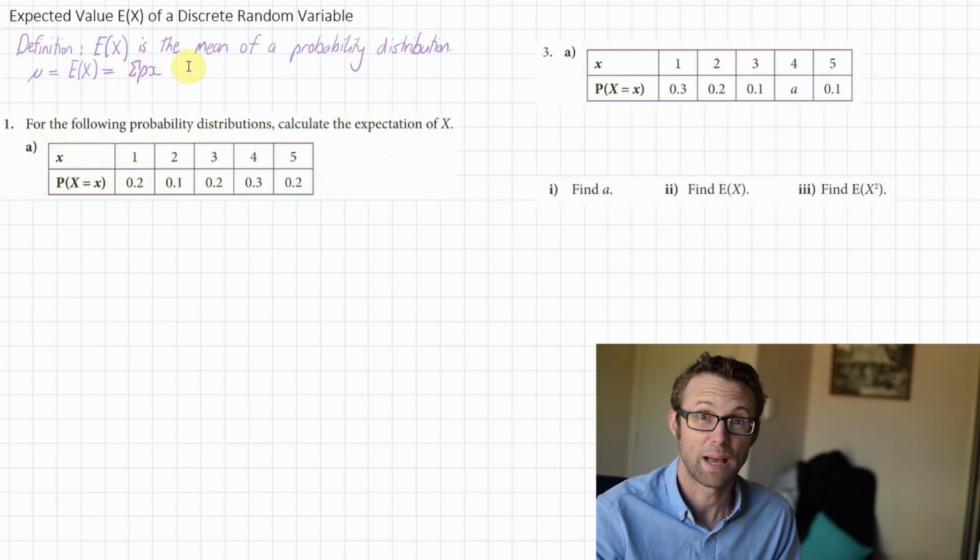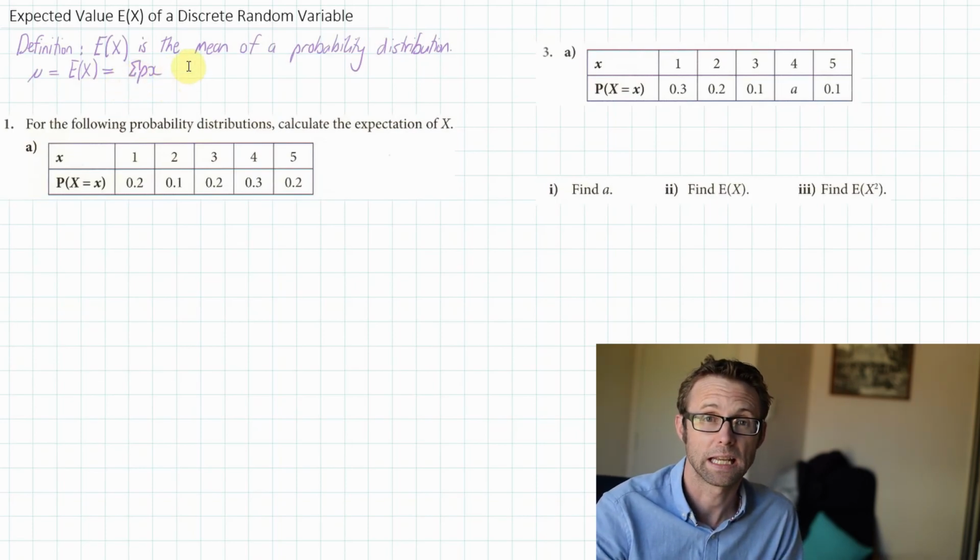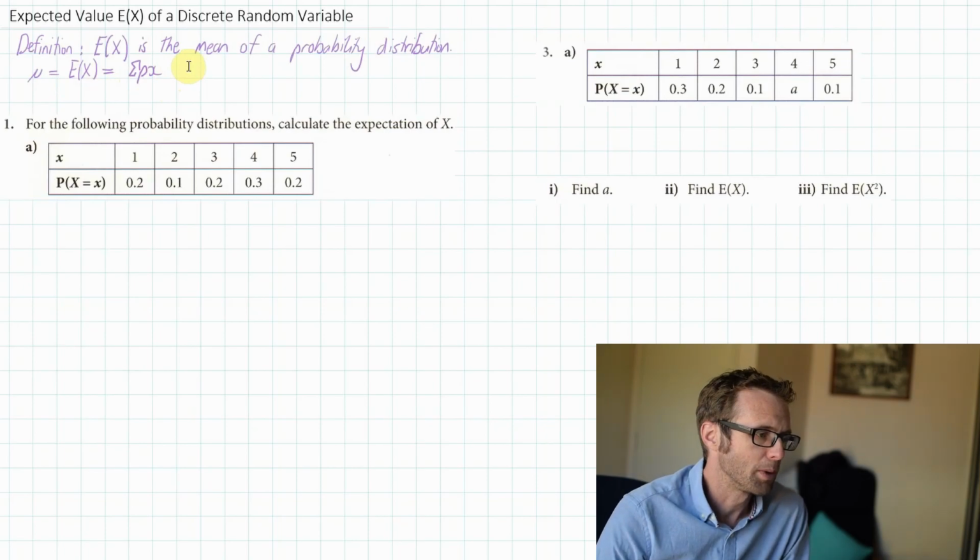Now, sometimes it pays to make this a little bit more concrete, so I've picked a couple of examples that we'll work through together. The first one is 1a. For the following probability distributions, calculate the expectation of x. Now, we know that the expectation of x is the sum of px. Well, I need to insert a line in my table, probability times x.